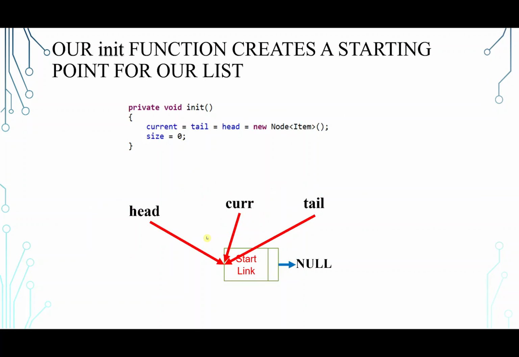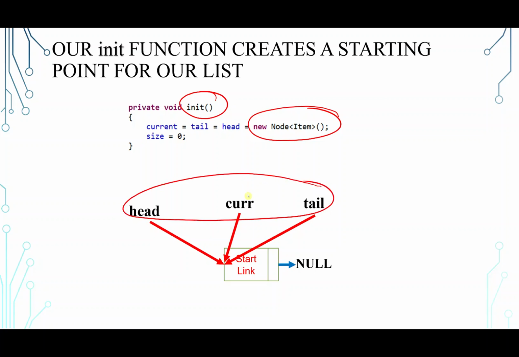So here it is. When you initiate your linked list, you're going to have the current, the tail, the head, all of them equal to a new node. So basically, every pointer is pointing at an empty node, right? The start link, we are going to call it. And the start link is pointing at null, because now we know if we have this, and the start link is an empty thing, as you can see, an empty node, that means we do not have any nodes.